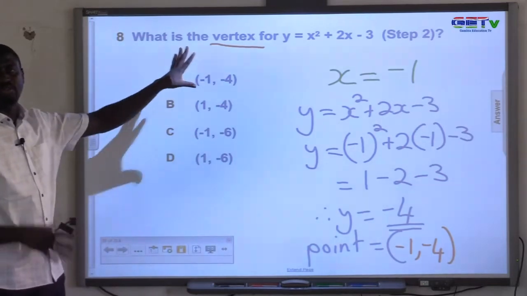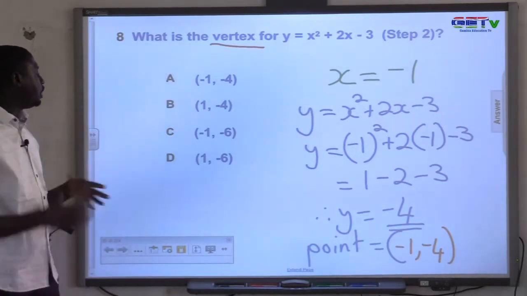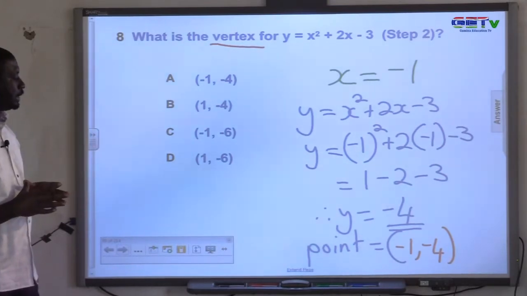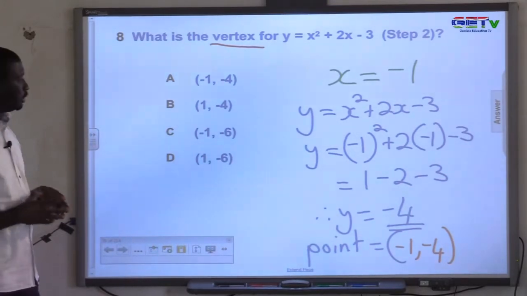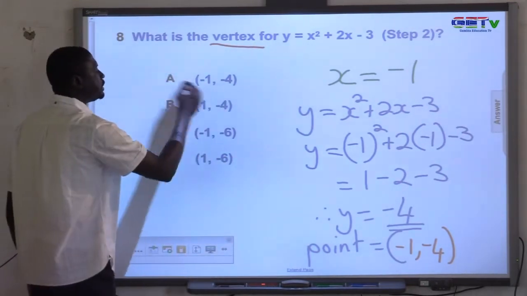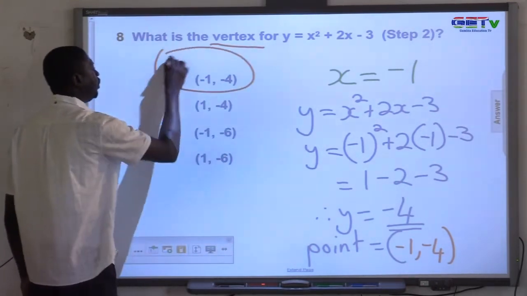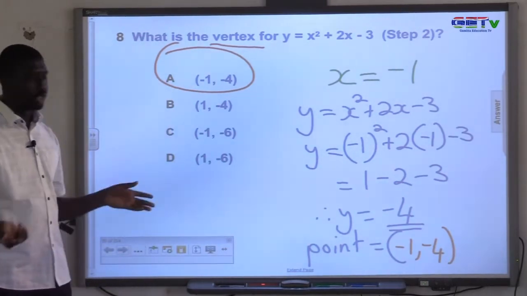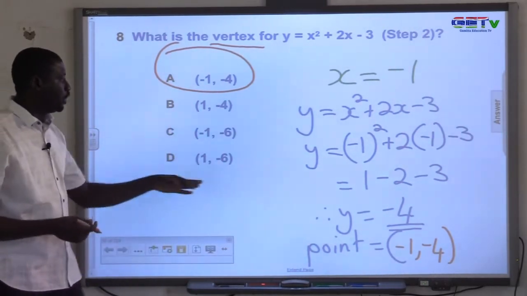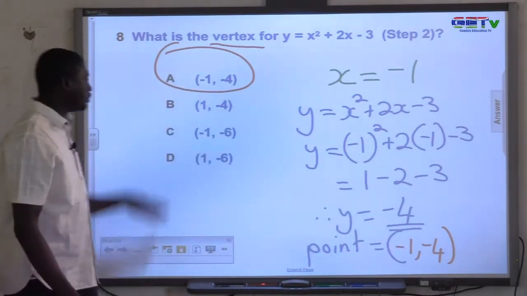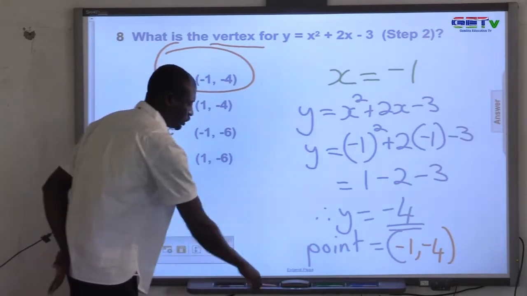That's the coordinate point for the vertex. By looking at the options, option A is the correct answer: negative 1 and negative 4. All the other options have 1 for x, which is completely wrong, since we already solved that x equals negative 1. So the rest are not correct.